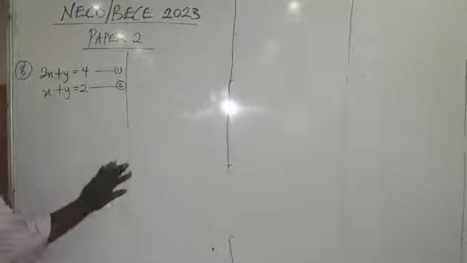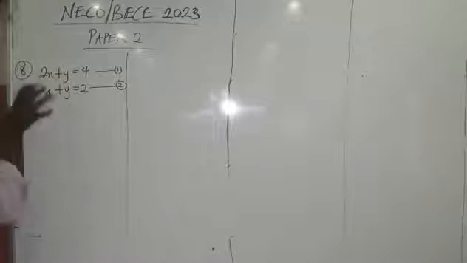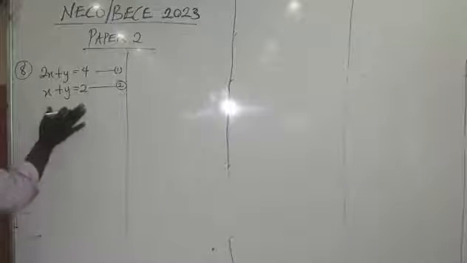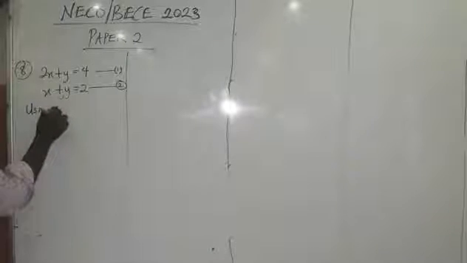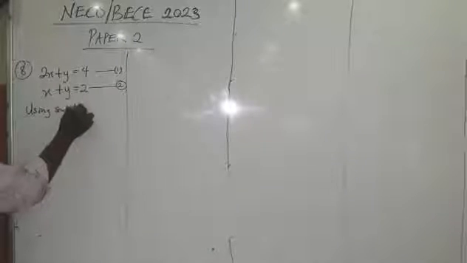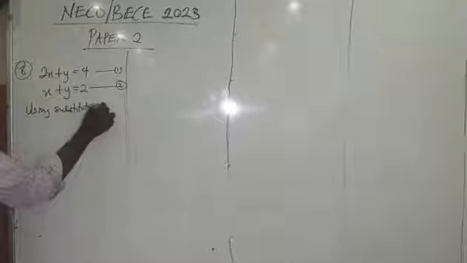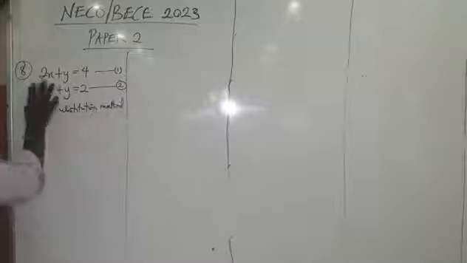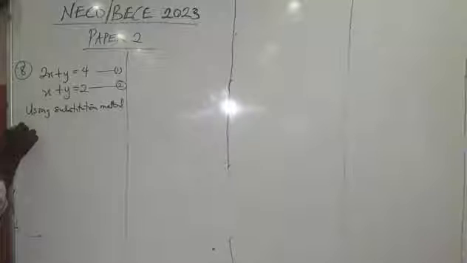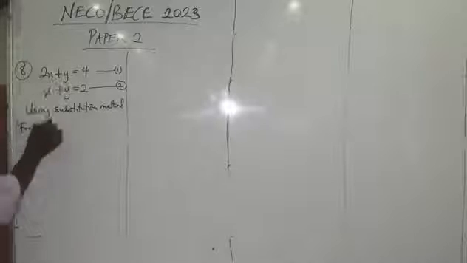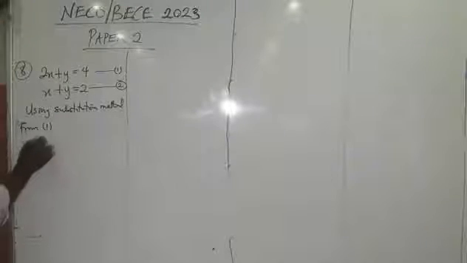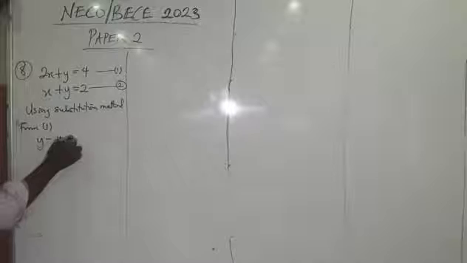I'm going to use 2 methods for this question. I'll use elimination method and I'll also use substitution method. So using substitution method, let's say from equation 1, I'm going to have y equals to 4 minus 2x.